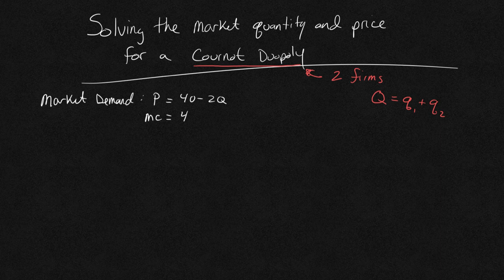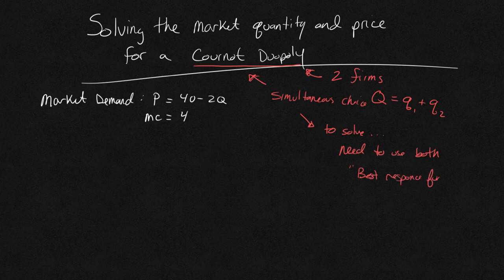That's the duopoly part. Now the Cournot part, this is telling us that it is a simultaneous choice, meaning they are choosing the quantity. They're going to choose their quantity, q1 and q2, at the same time. And what that is basically telling us is that to solve this, we need to use both best response functions.